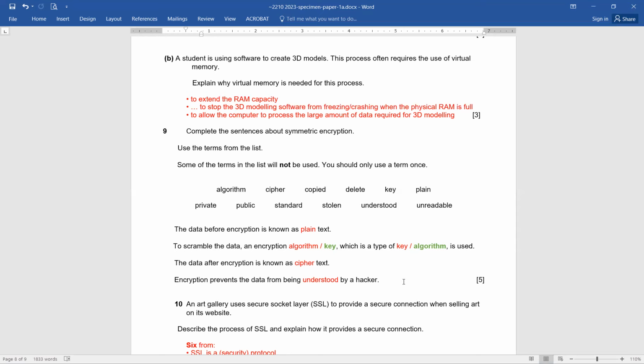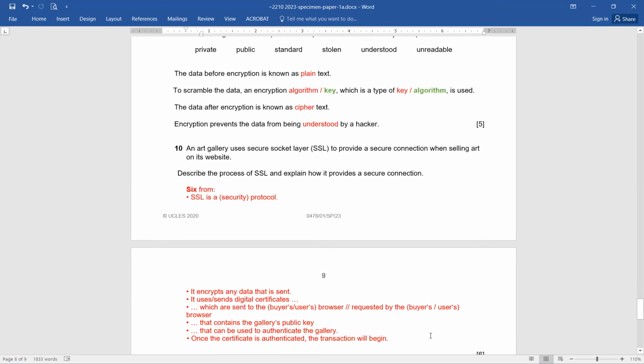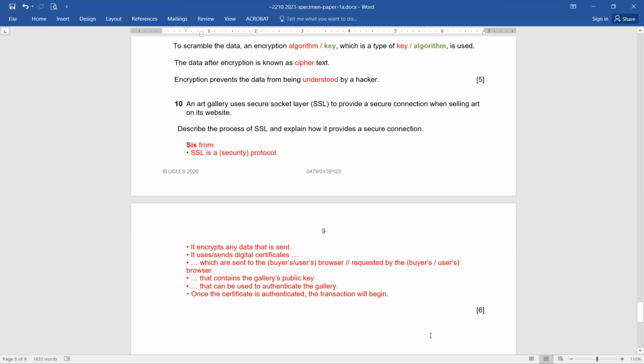Thank you. Question number 10. An art gallery uses SSL, secure socket layer, to provide a secure connection when selling art on its website. Describe the process of SSL and explain how it provides a secure connection. A very simple thing. You have to write down any 6 valid points to score 6 out of 6.